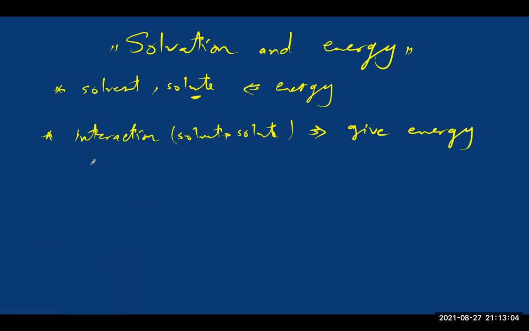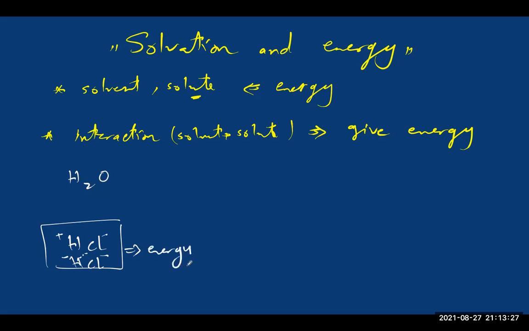If we are talking about H2O, and maybe we are talking about HCl. Between the HCl molecules, we know that we have a negative and positive end. So it means that we have an interaction here. So we need to break the intermolecular force between HCl molecules. So we need energy here to make HCl and HCl with no interaction between these two molecules.